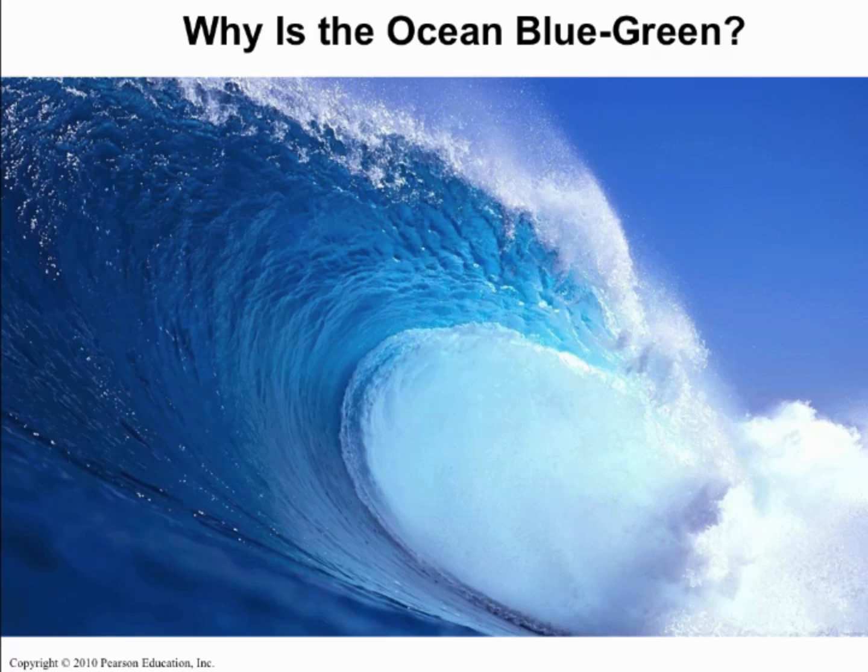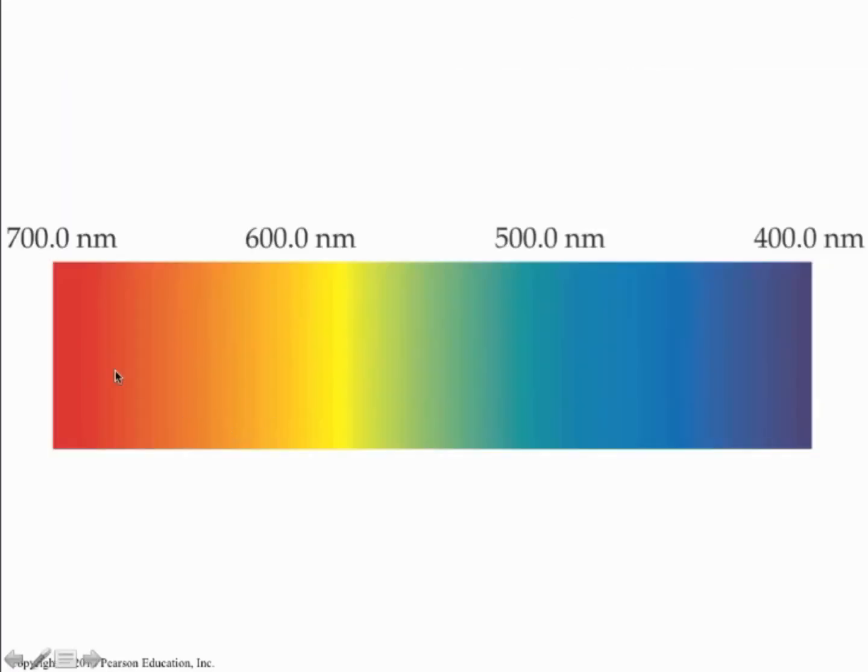Well, here's the reason, and we're going to really quickly go back to the visible spectrum. Notice how red has a long wavelength, low frequency, and that means it's the lower energy visible light, whereas blue and violet are the higher ones. Well, do you remember what was immediately before red? I'll draw it small here just for the sake of room.